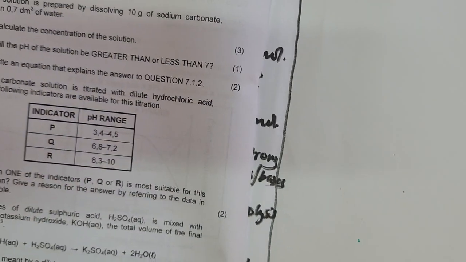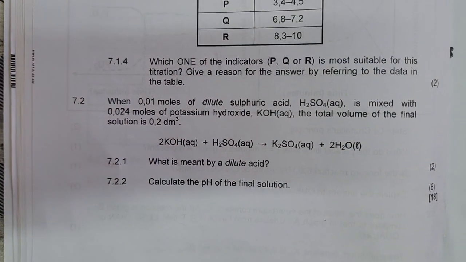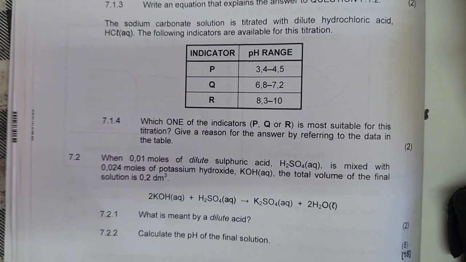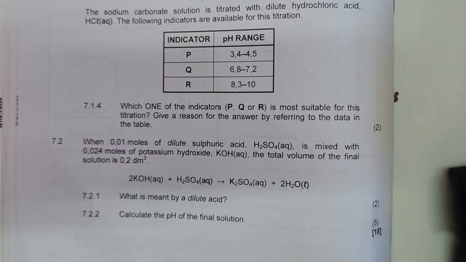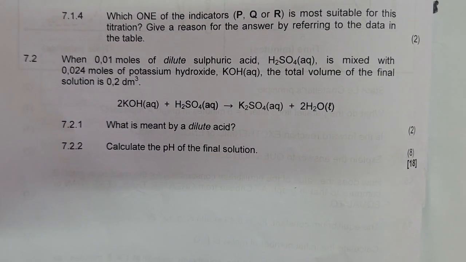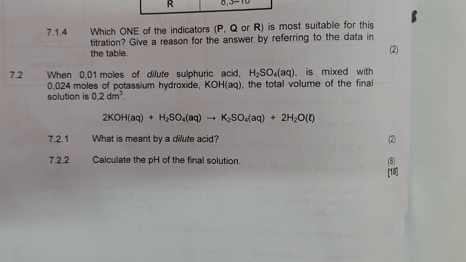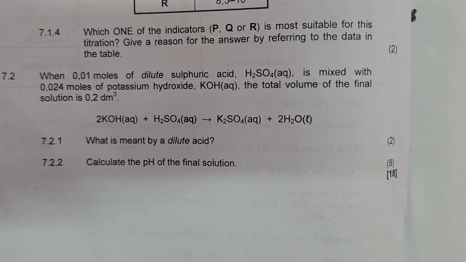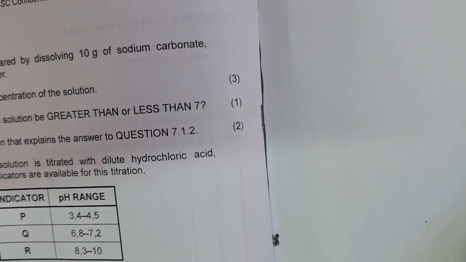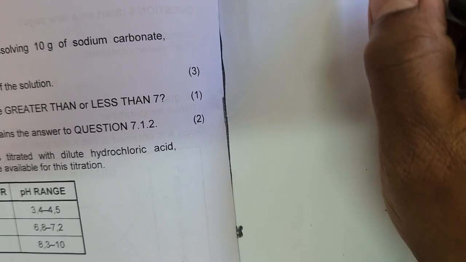Now let's come to the next one, which is 7.2.2, the penultimate. Now when we read the question, they say calculate the pH of the final solution. Like this one, the moles are given. If the moles are given, then what we need to do first is calculate which one is limiting between the two.